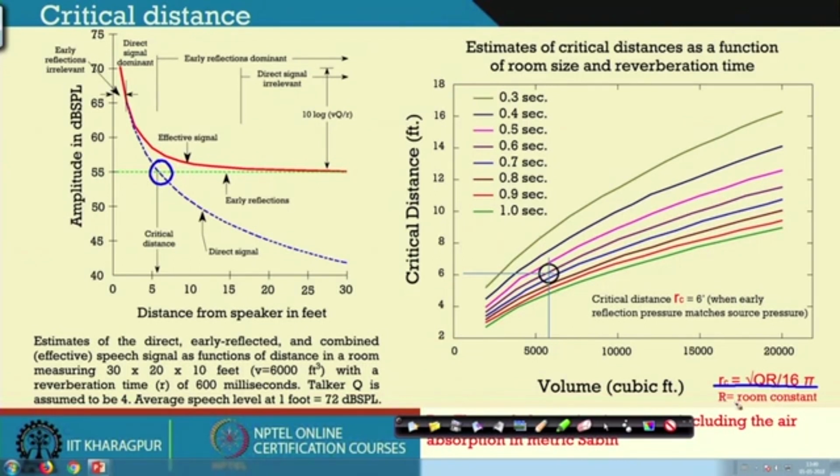So, R here is the room constant, which is derived from the reverberation time of the room, including the air absorption, in metric Sabine. That is called the room constant, and here we find what the critical distance concept is.